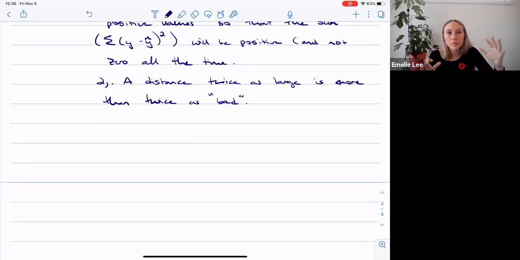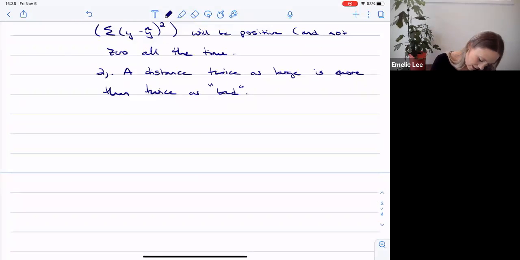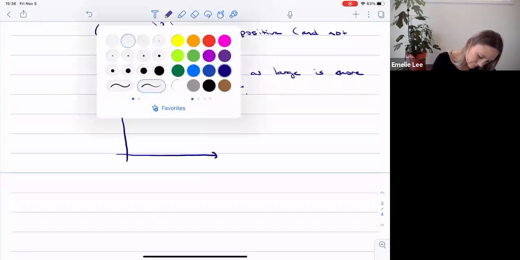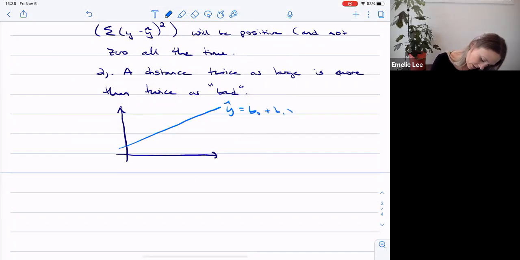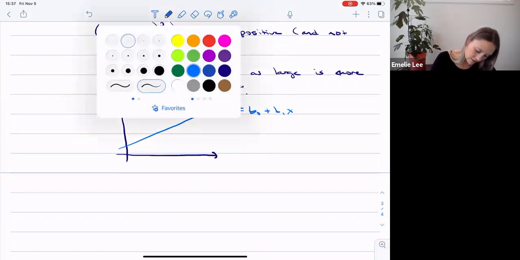Okay, so in terms of trying to make adjustments, if you have a graph that looks like this, and let's draw your least squares regression line here, y hat is b naught plus b1x. And then maybe I have some points here.